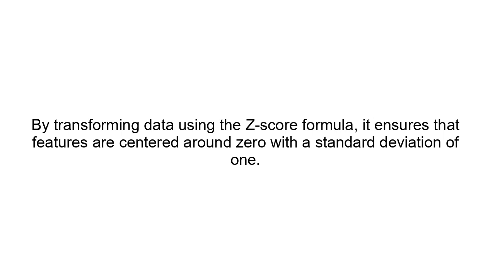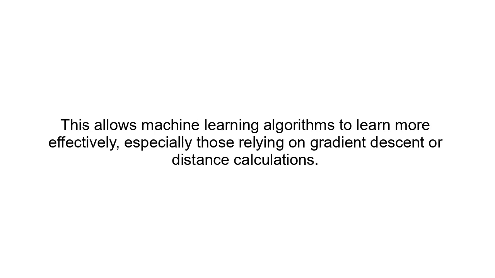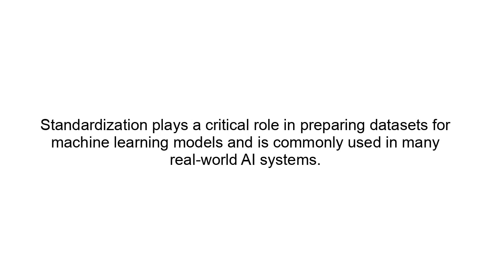Final summary. Standardization is a widely used feature scaling technique in machine learning. By transforming data using the z-score formula, it ensures that features are centered around 0 with a standard deviation of 1. This allows machine learning algorithms to learn more effectively, especially those relying on gradient descent or distance calculations.